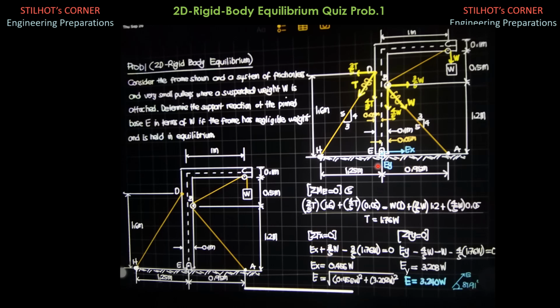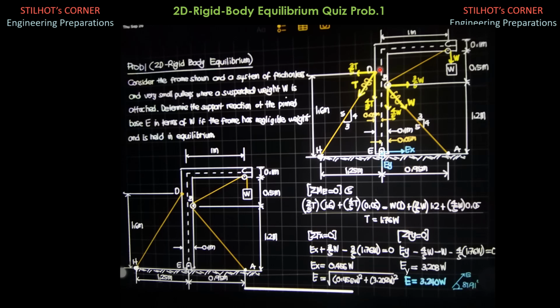So we have EX plus 3/5 W equals 3/5 T, and T is 1.76 W. Solving for EX, it is 0.456 of W.